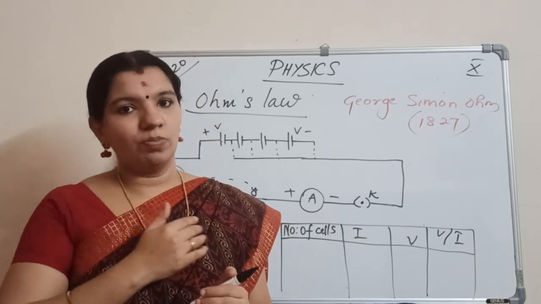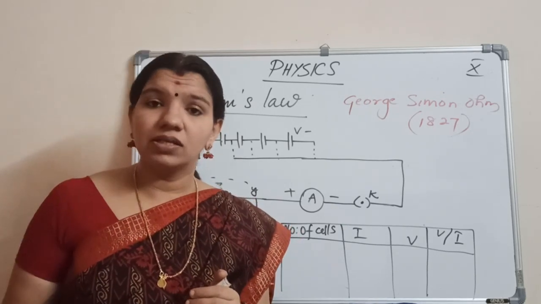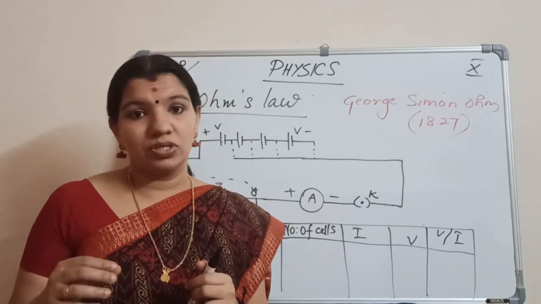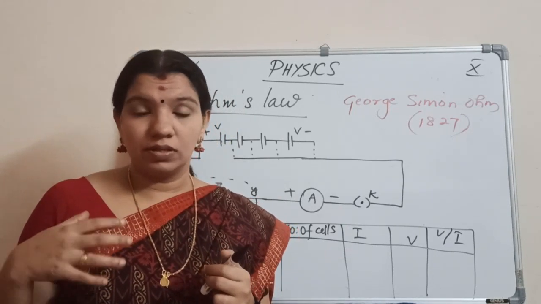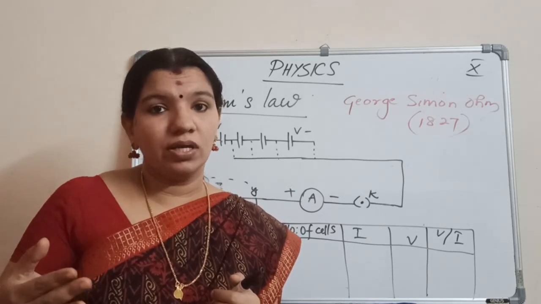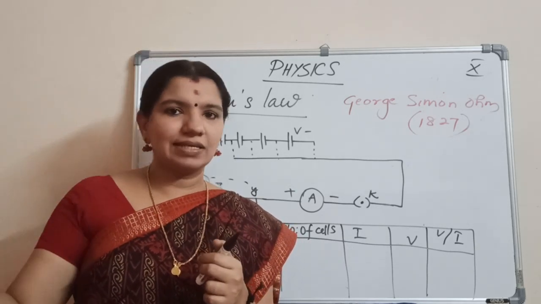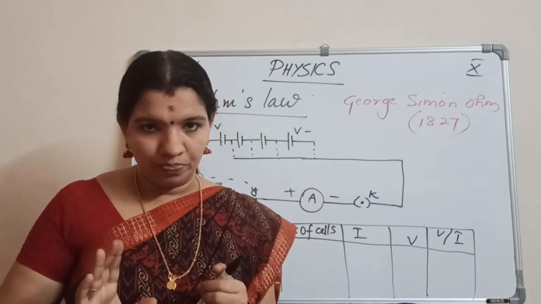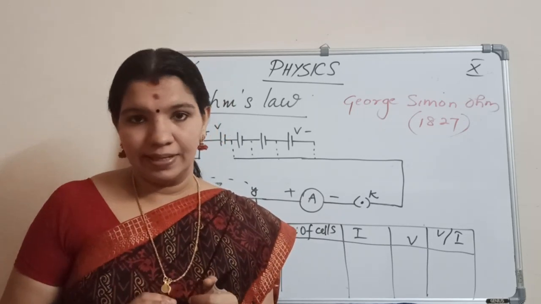That is why nichrome is used here, and it has some other properties also. It will not get oxidized at room temperature, and it has a high melting point. Such properties we will discuss later. Anyway, here we are using a nichrome wire, which is an alloy. It conducts very nicely. Understand?